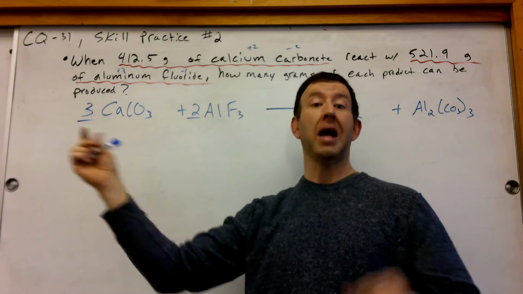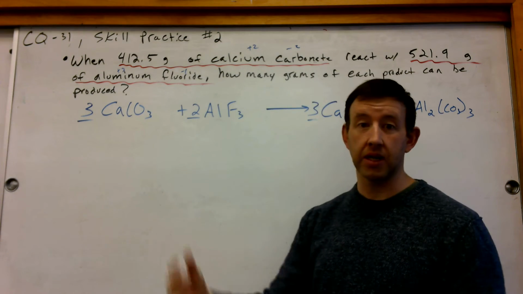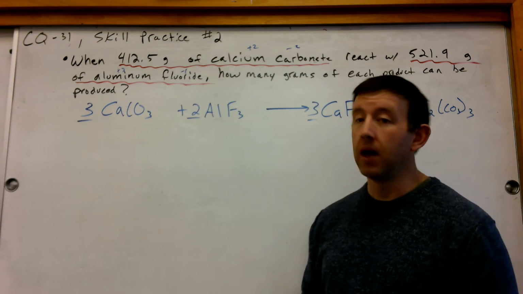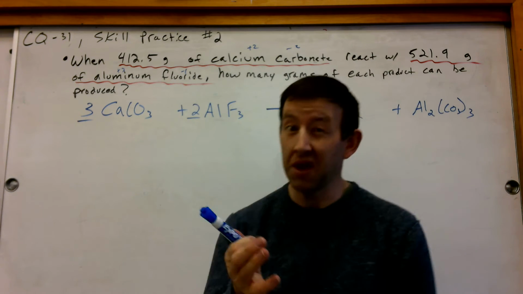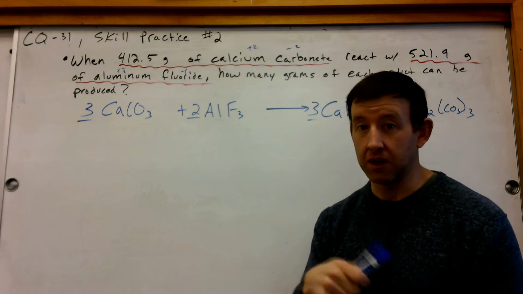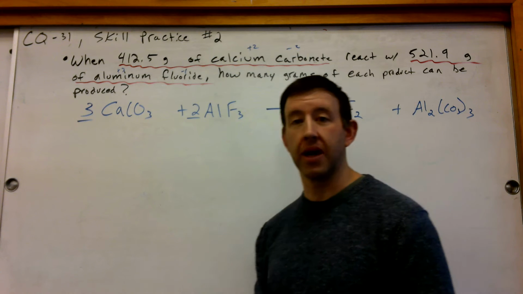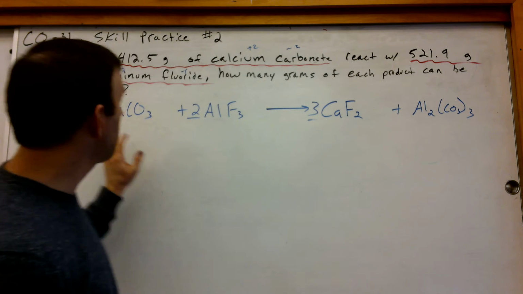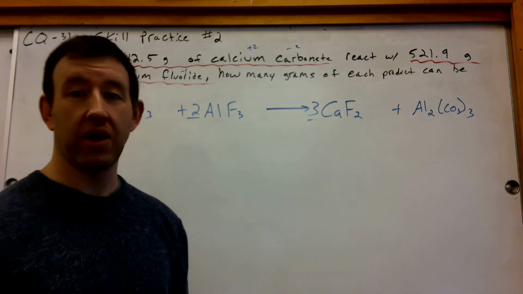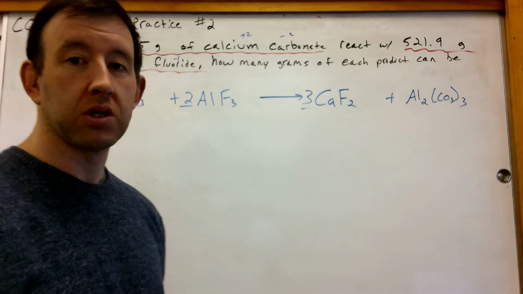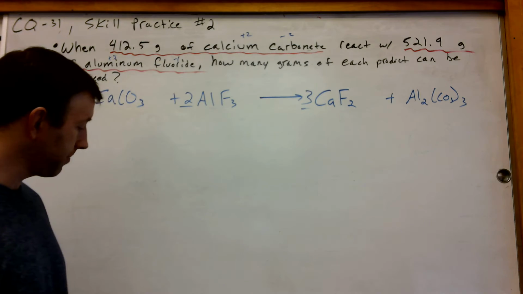Now it's possible to have an exact ratio, in which case they both are completely consumed. But in the case of this question, one of them is going to be excess, one's going to be limited. All right. So how do we go about figuring out which of our reactants is the limiting reactant? All right. And that's the $1 million question for this particular setup right here, all right?